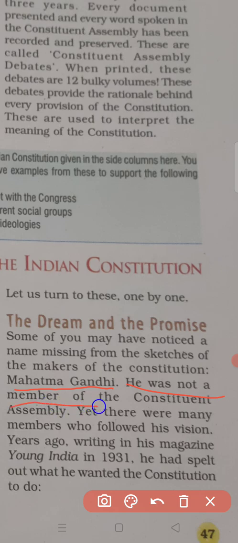He was not a member of the Constituent Assembly, yet there were many members who followed his vision years ago. Writing in his magazine Young India in 1931, he had spelled out what he wanted the Constitution to do. So, our Constitution is the dream and promise of Mahatma Gandhi that he published in 1931 in his magazine Young India.